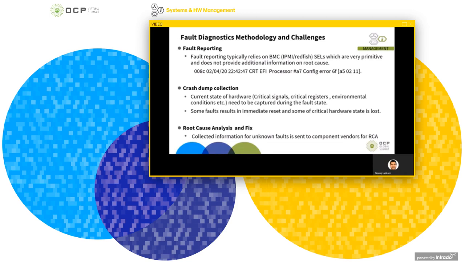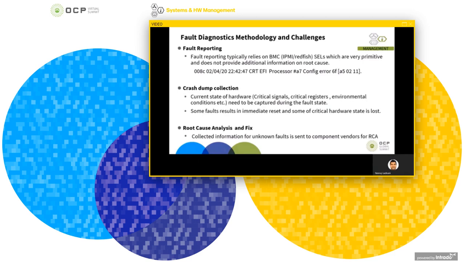Unfortunately, some of the faults are so catastrophic that they cause a system reset. That's where the challenge comes: we need information at the time when the fault has occurred, so that we can harvest this information to identify what has actually caused the error. That's the biggest challenge, the second challenge.